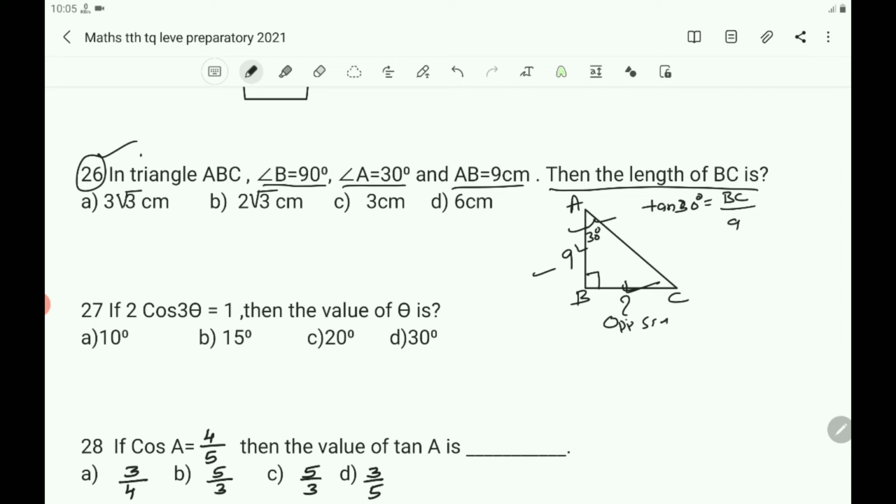And what is the value of tan 30? Tan 30 is 1 by root 3. So that equals BC by 9.